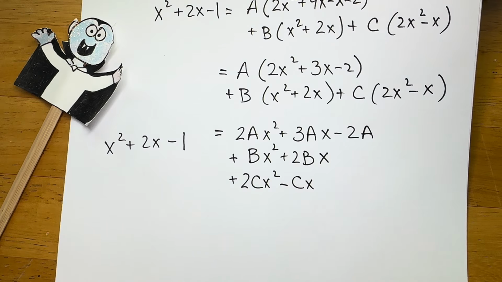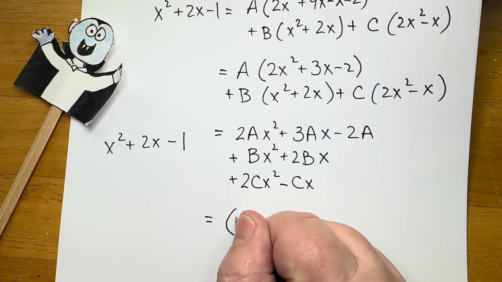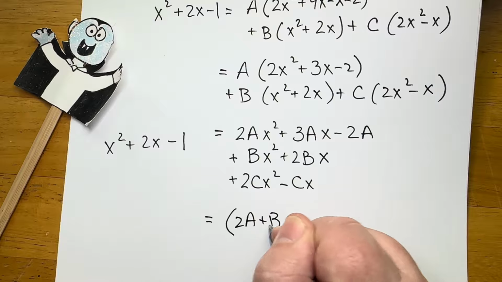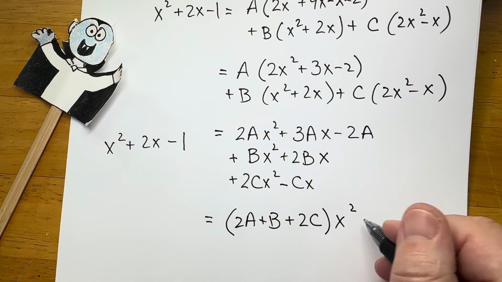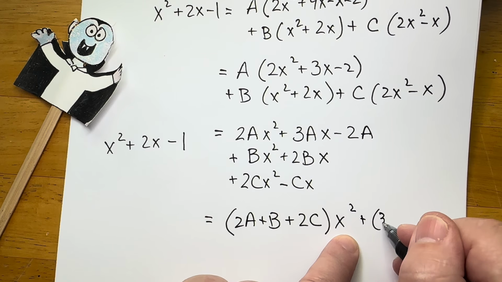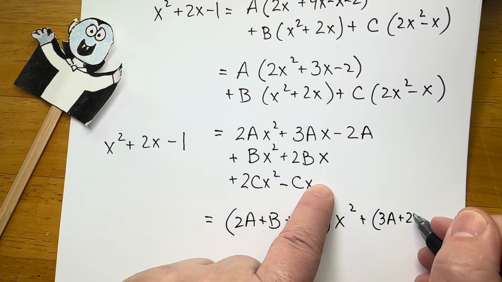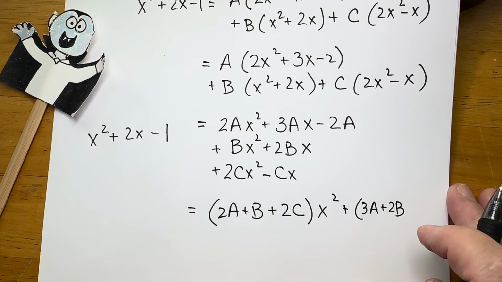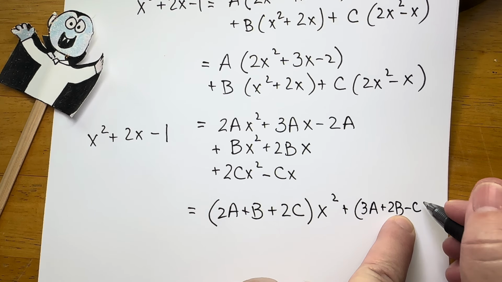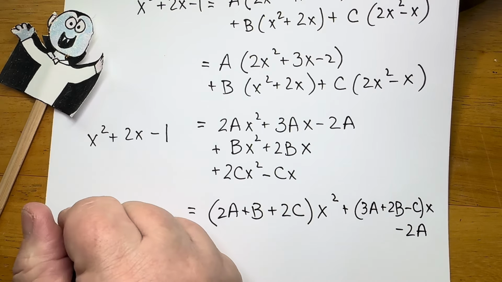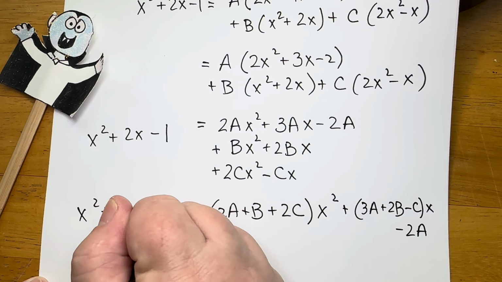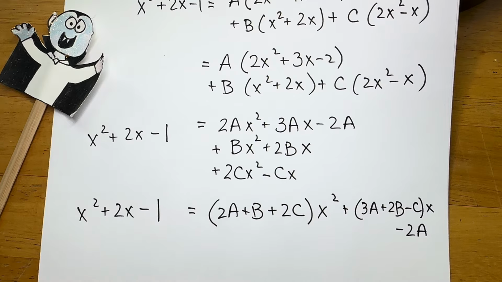So over on the right side, I've got 2a plus b plus 2c x squared plus 3a plus 2b minus c times x minus 2a, and that has to equal x squared plus 2x minus 1. So far, so good. What do you guys think?